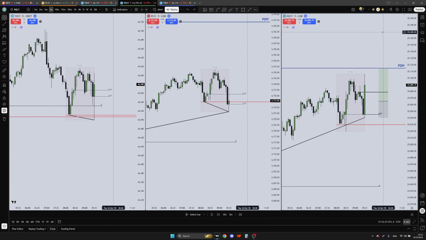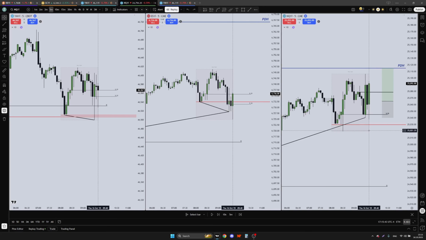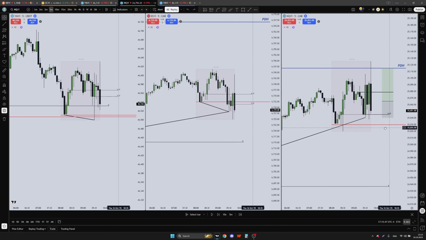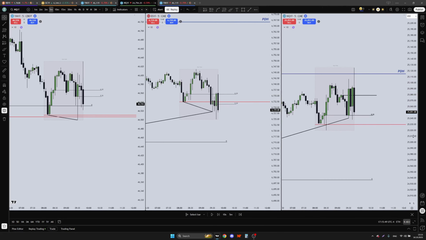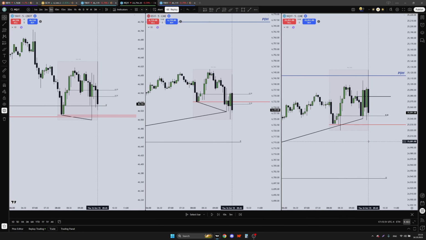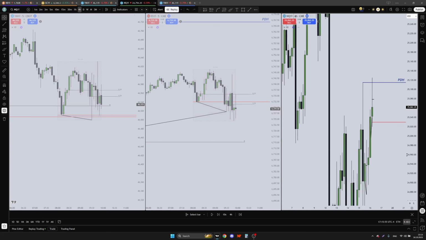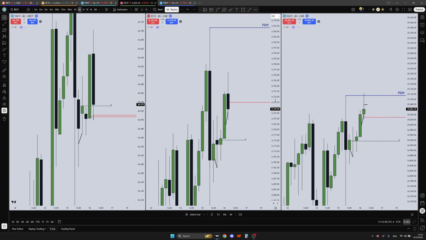So I just let it go, and if I did that, I would get stopped out, and then the draw was hit on NQ. So after that, let's see how the 6 AM 4 hour candle closed.